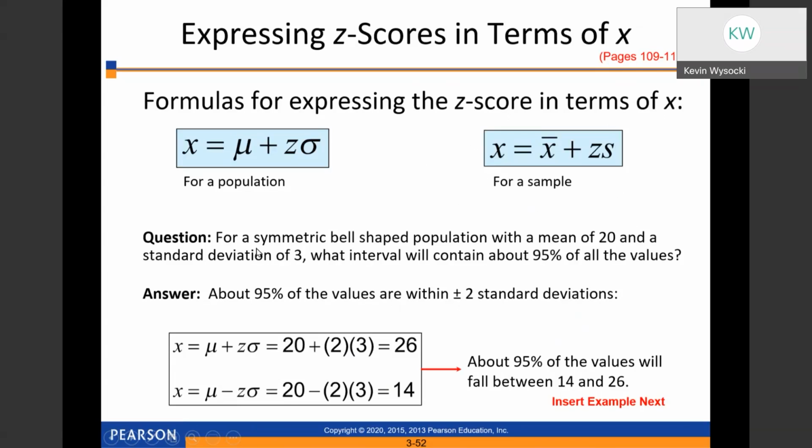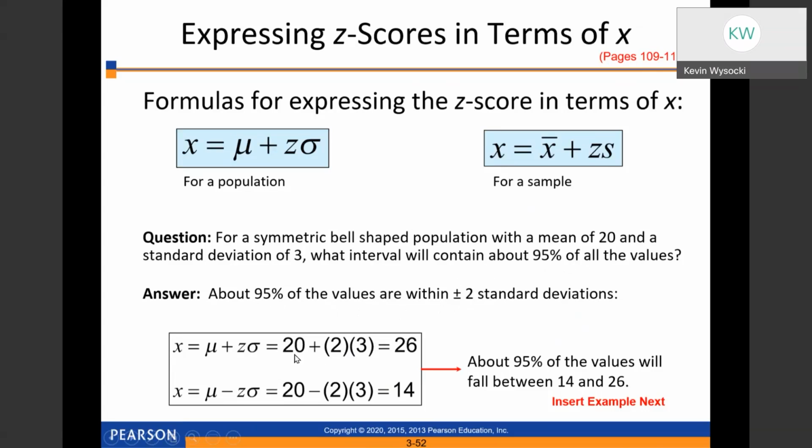So a typical question: for a symmetric bell-shaped population with a mean of 20 and a standard deviation of 3, what interval will contain about 95% of the values? If you're going to do a MyLab question, they would actually give you values you'd have to state, okay? But we know that roughly 95% of the values are within plus or minus 2 standard deviations of the mean.